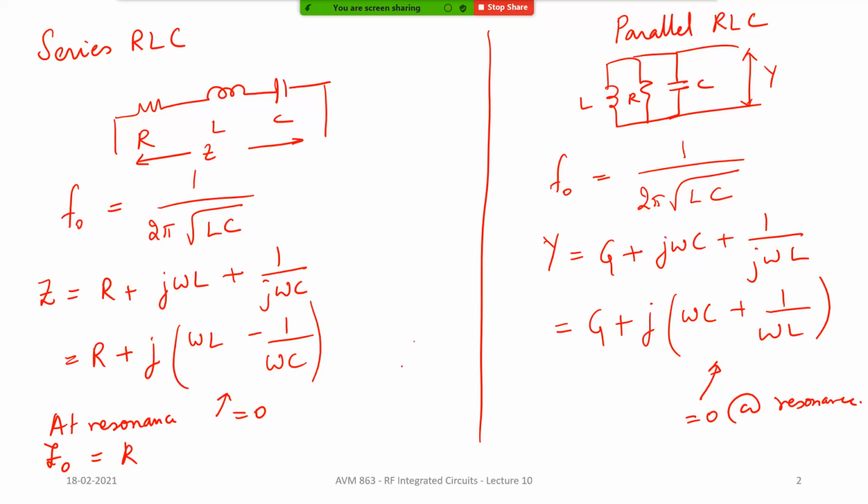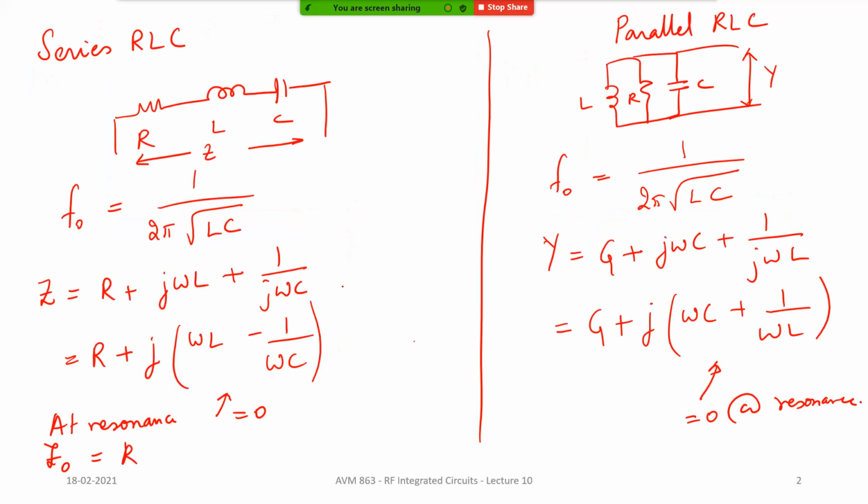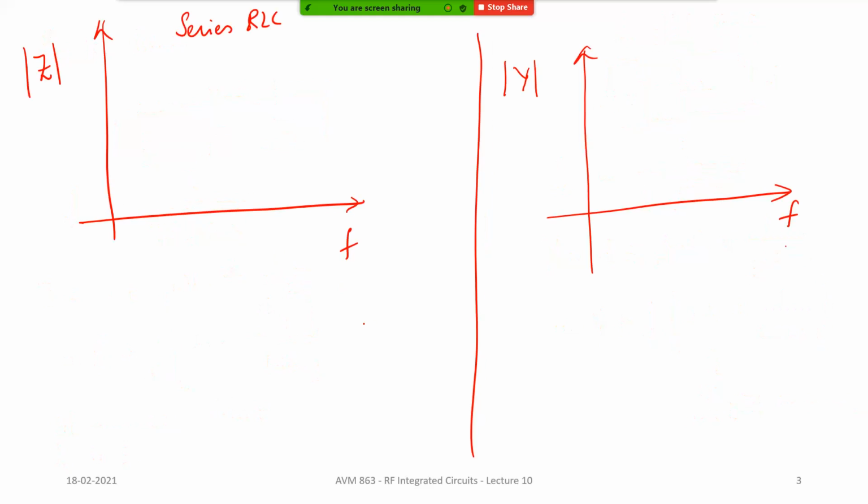The impedance is given by R plus j into omega L minus 1 by omega C. If you take the magnitude response, which is root of R squared plus the imaginary term squared, how will this look like?